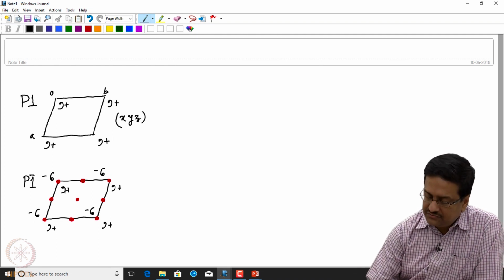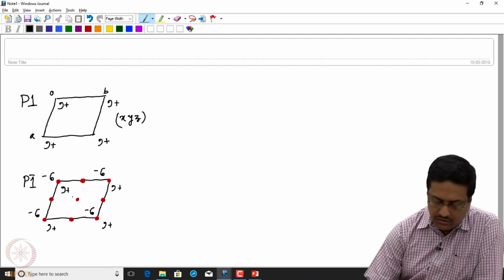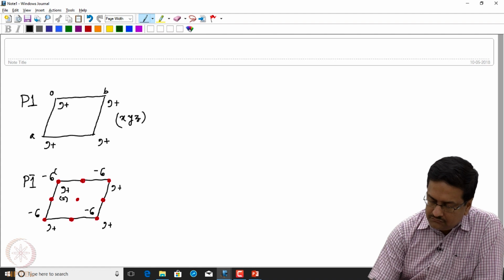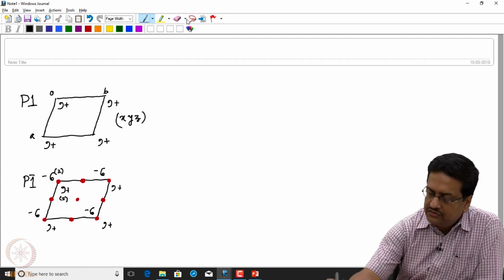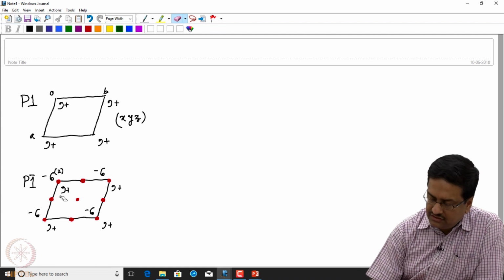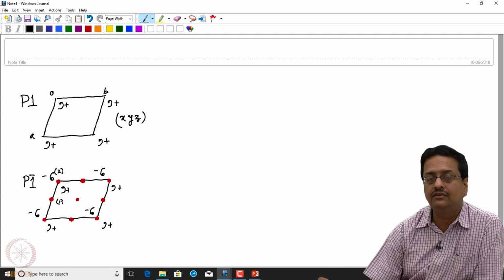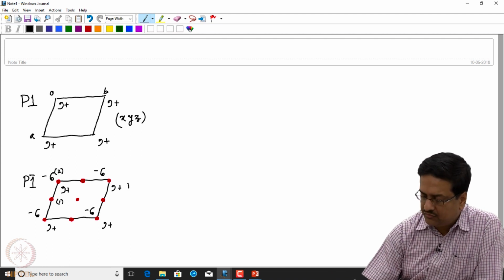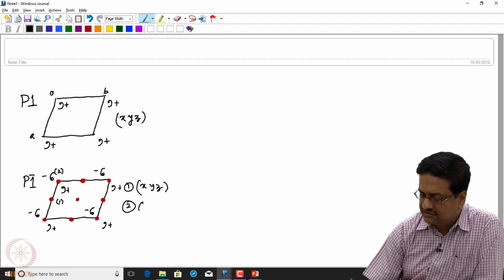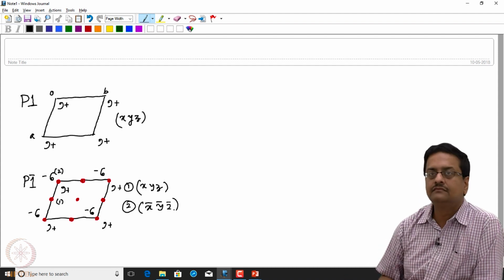But in this case, if you see, there are two such atoms, and these two are numbered as 1 and 2. So the point number 1 represents x, y, z, and point number 2 represents x bar, y bar, z bar.